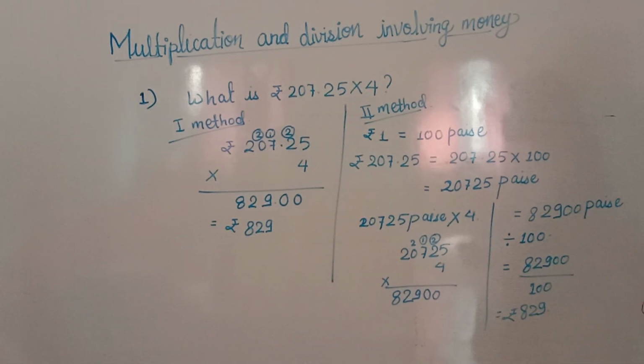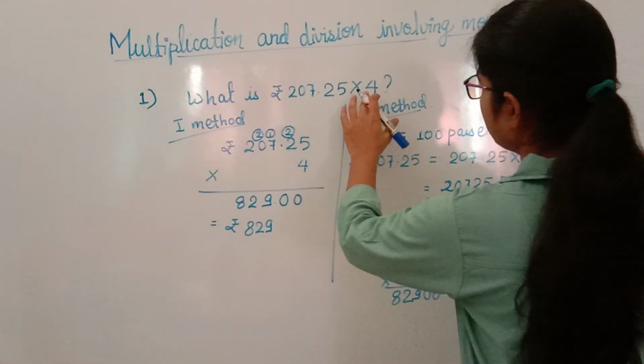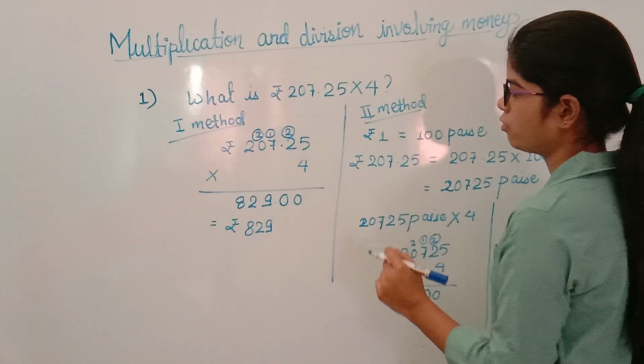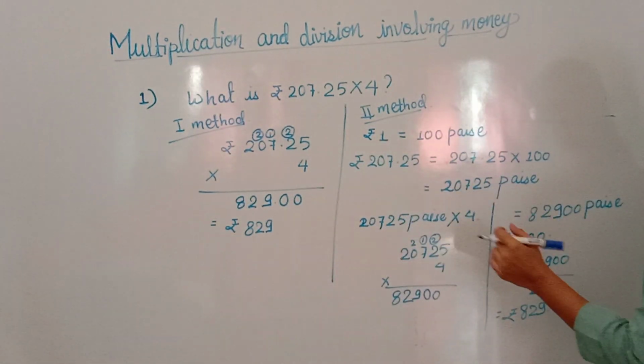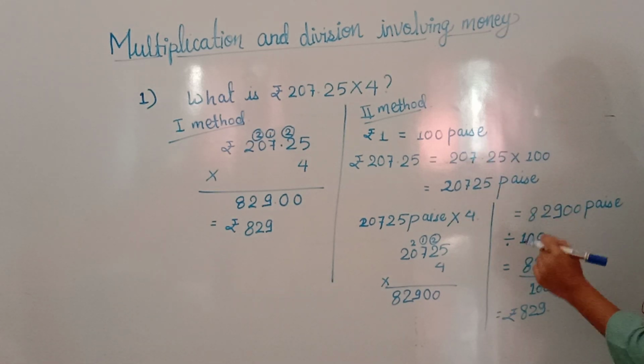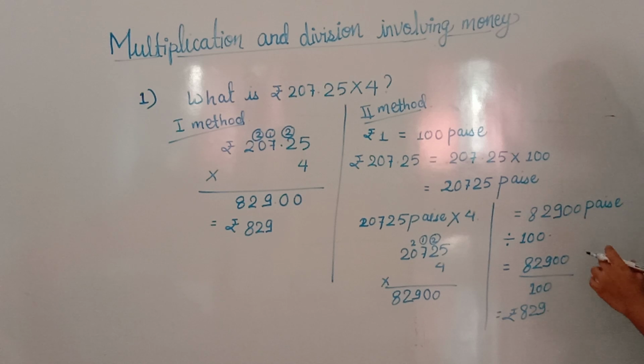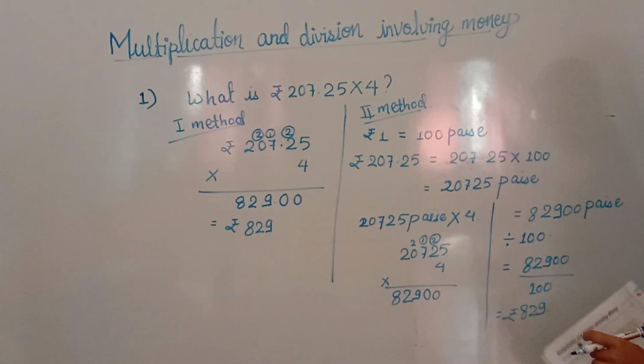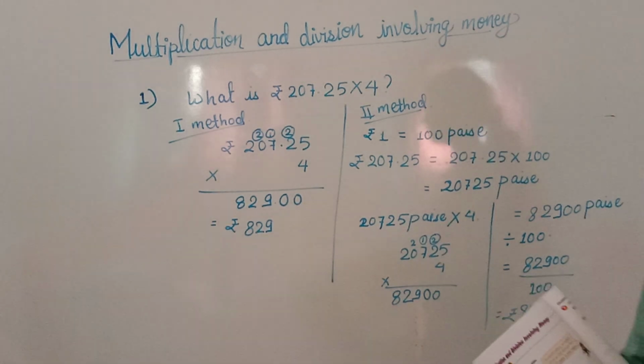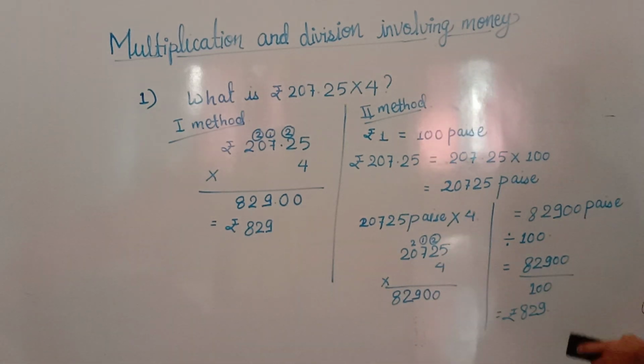So both processes give the same answer. In the first case we multiplied directly by 4. In the second method, firstly we converted into paise, after this we multiplied by 4, and at last we divided by 100. Finally we got the same answer, 829 rupees.